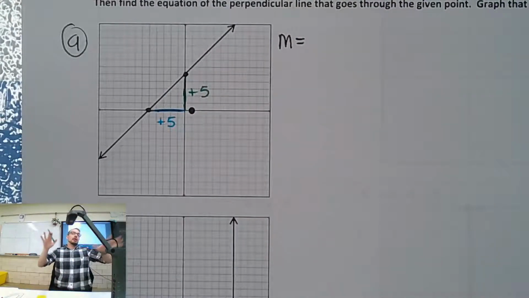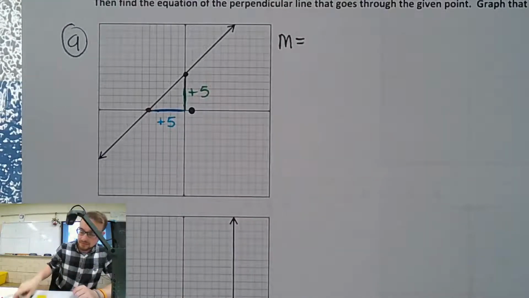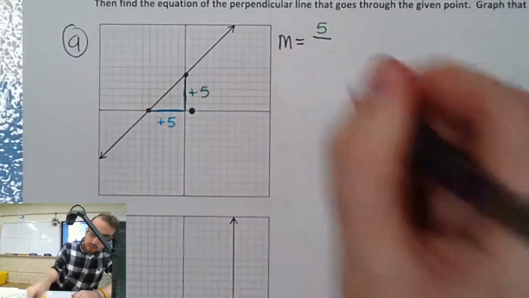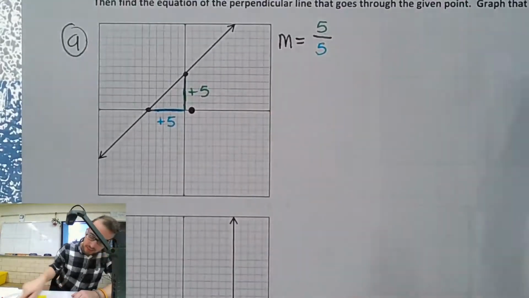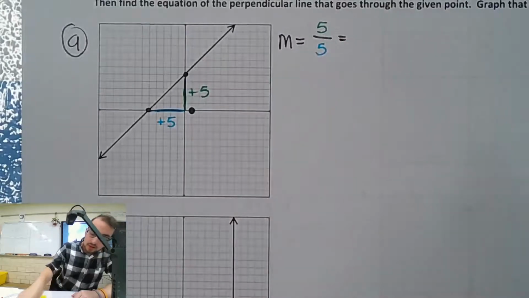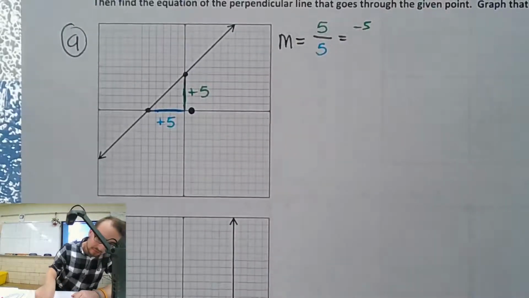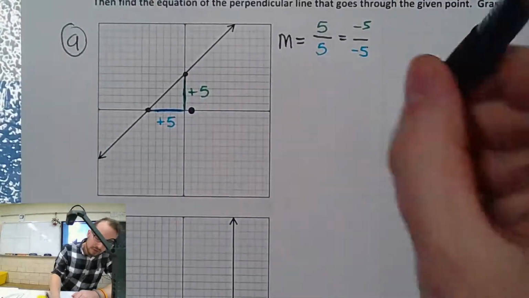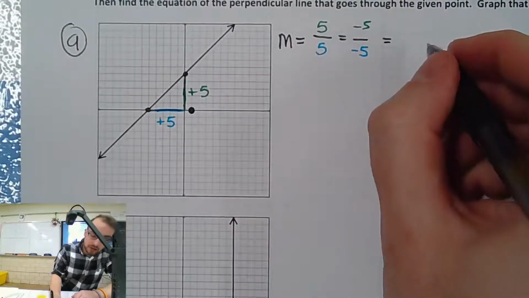Just a different way of thinking about it, right? So our slope is 5 over 5, a rise of 5, a run of 5, which, like I said, if you started at the top, can also be written as -5 over -5. Same thing. And we know that those both reduce to 1, right?